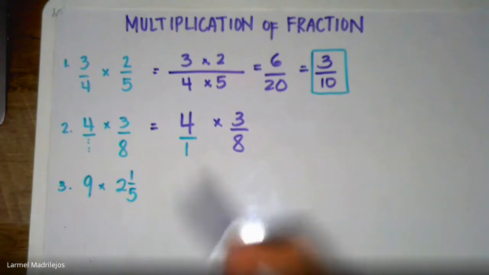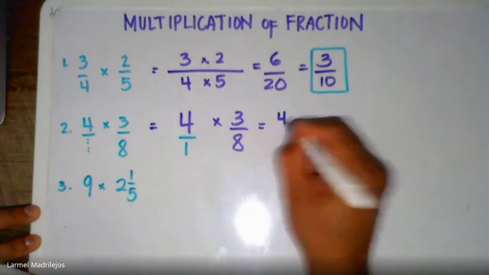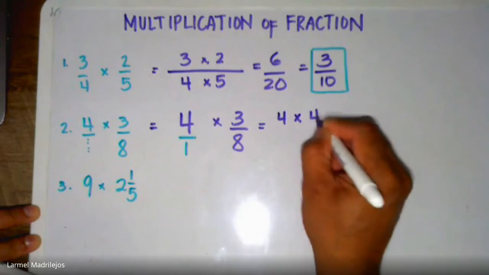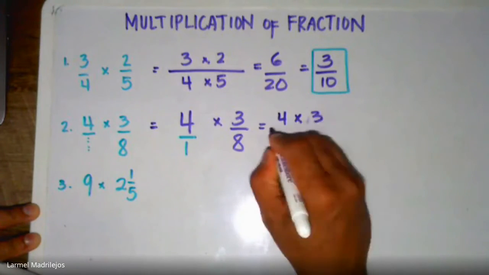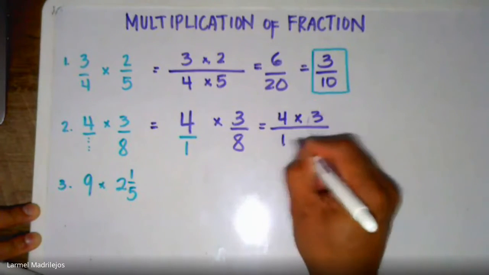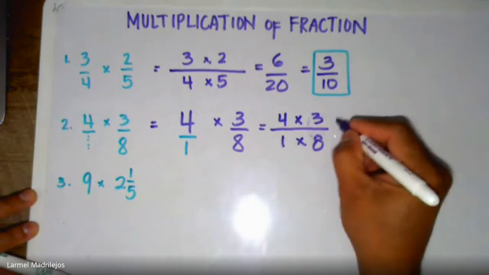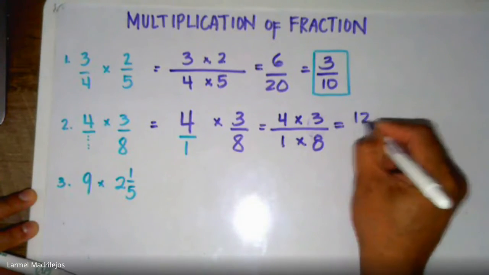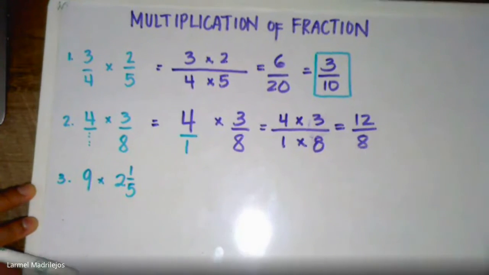Same thing we're gonna do. Straight multiply. Numerator multiplied by numerator, which is 3, and denominator multiplied by denominator. 4 times 3 makes 12. 1 times 8 is 8.